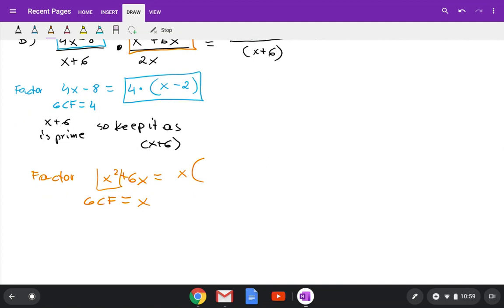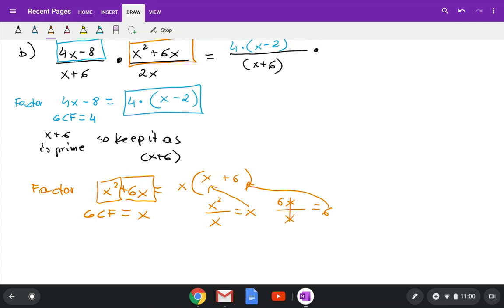Take your original expression, which is x squared, and divide by the GCF, which is x, and we end up with x. So that's what we have in the parentheses. Take the second original expression, which is 6x, divide by the GCF, which is x. You end up with 6. That goes inside of the parentheses. So we're going to rewrite x squared plus 6x as x times x plus 6.